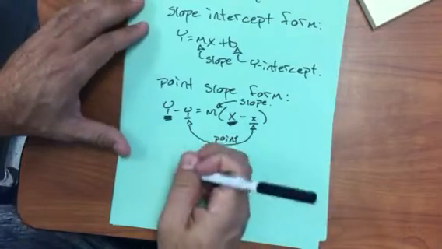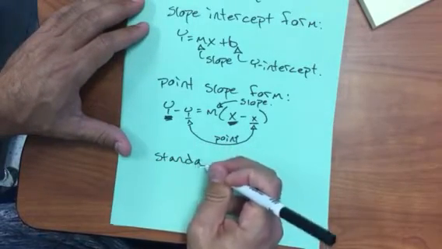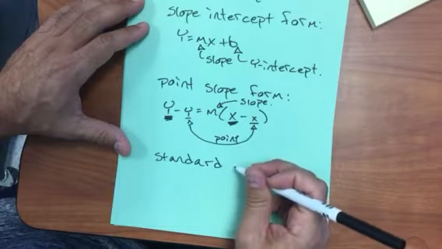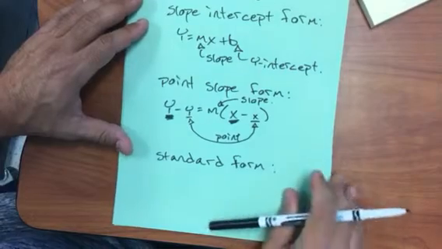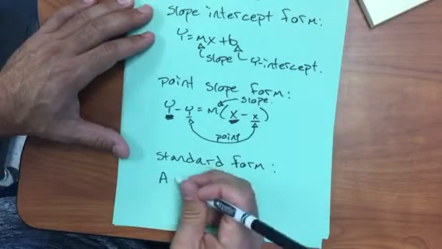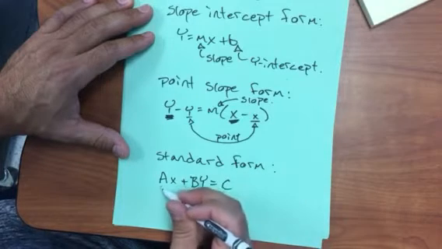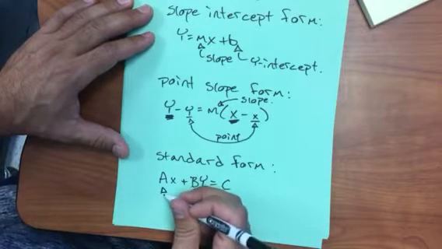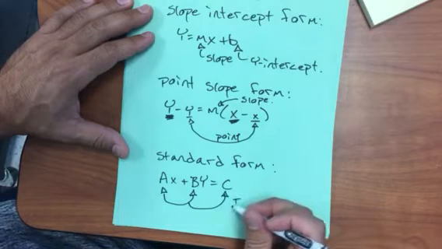Then we're going to have standard form, which some people call general form. I call it standard form. It's just the way it goes. That's where we say ax plus by equals c, where these are all integers.